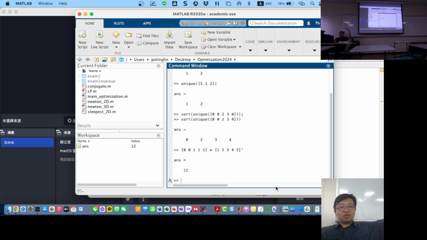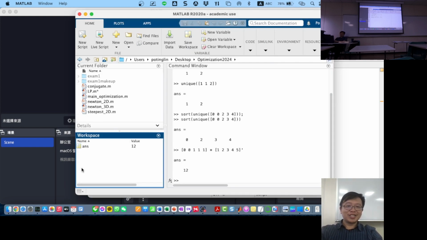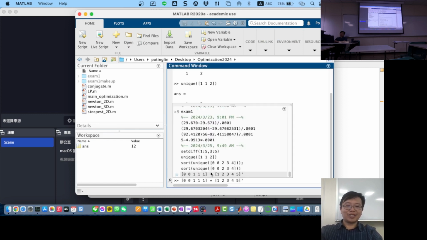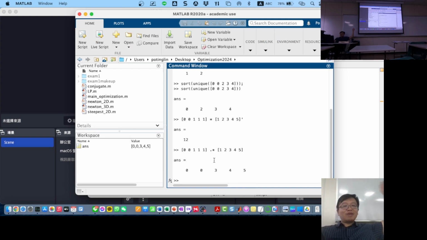So at the end, you will, no. I shouldn't do dot product. I should use so-called element calculation. So not dot product. In MATLAB, there is a kind of multiplication called a point multiply. When you do point multiply, it's an element calculation.